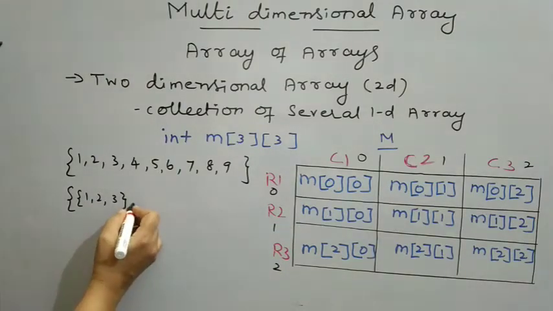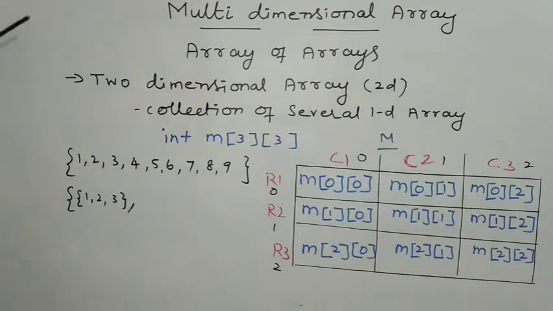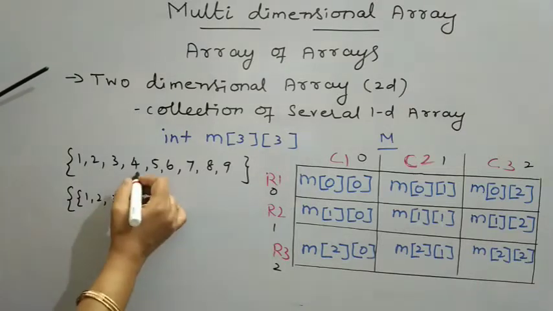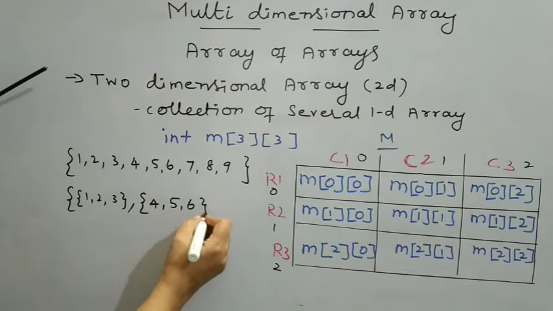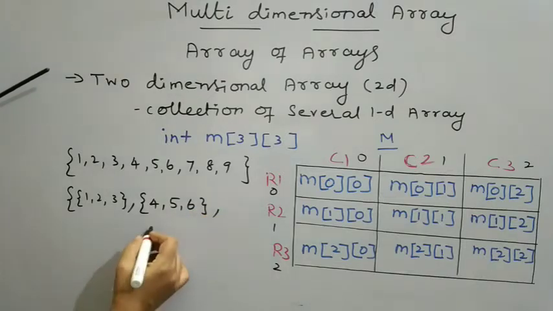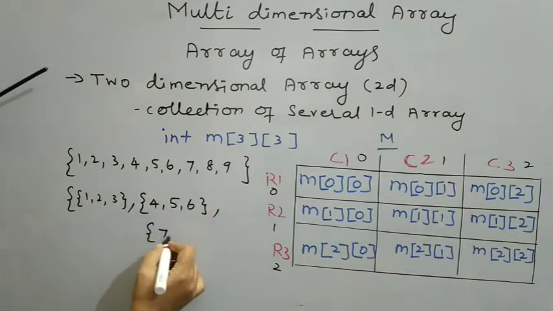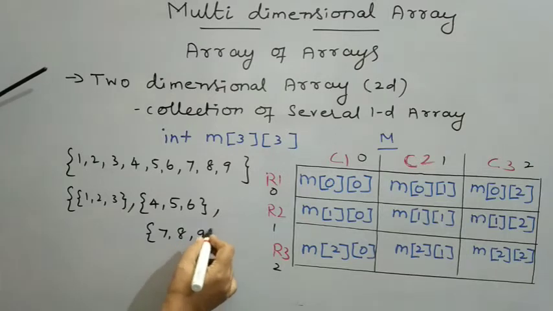Then a comma, and then the values of the second row, enclosed within curly braces: 4, 5 and 6. Then a comma, then the values of the third row: 7, 8 and 9.